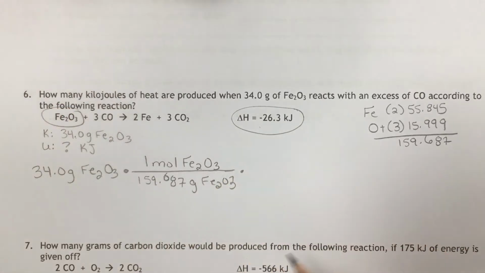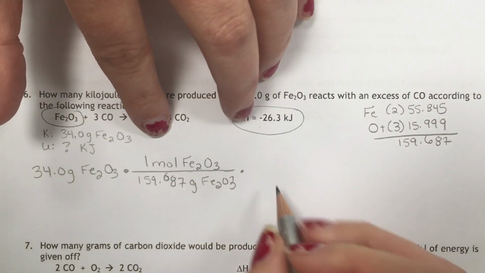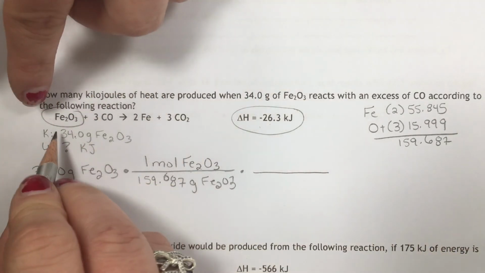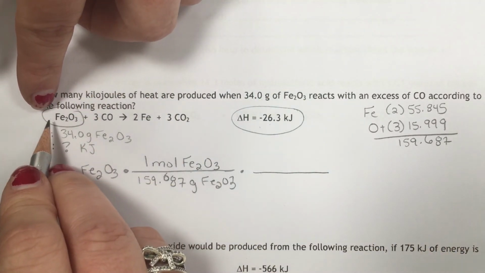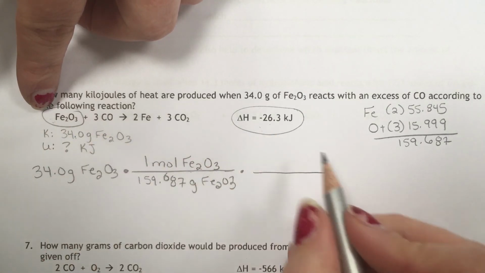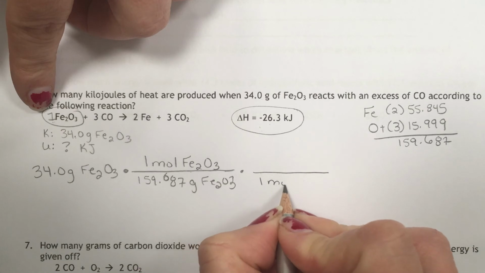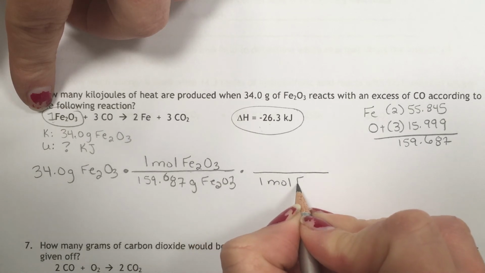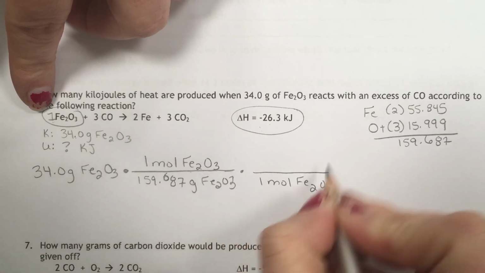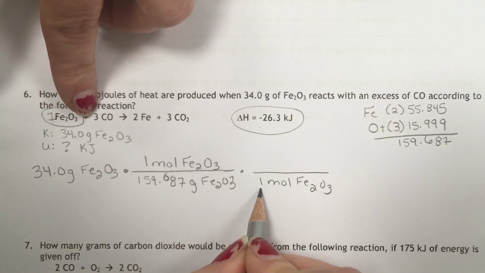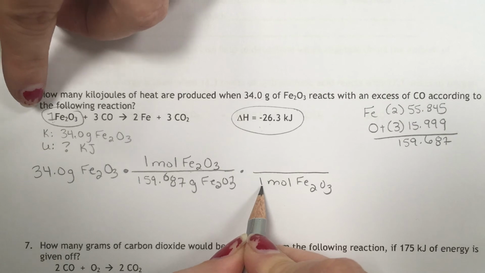Okay, so now we're at moles of iron oxide, and we need moles because we can't talk about heat unless we have moles to convert. So for every, this is a 1 here, so for every 1 mole of Fe2O3, if it was asking us for something else other than iron oxide, like this one, this number would have been 3. Okay, so we got the 1 from here.